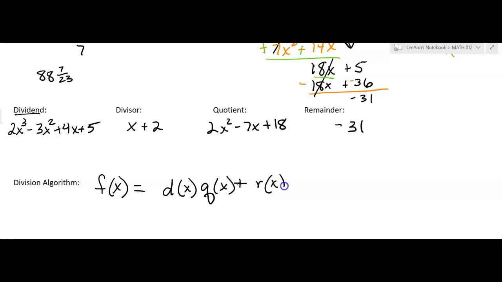These are all polynomials, okay? So that's the notation that they use in the book. So I wanted to show you that because it's pretty common.